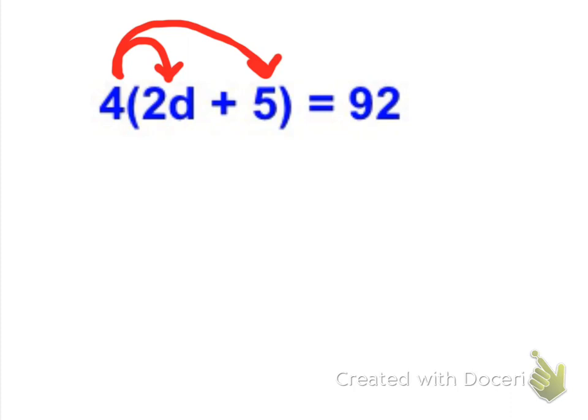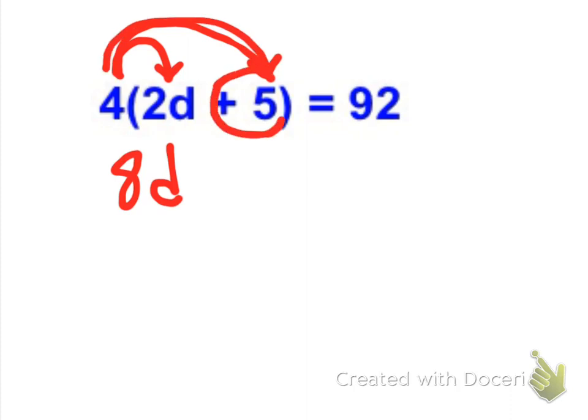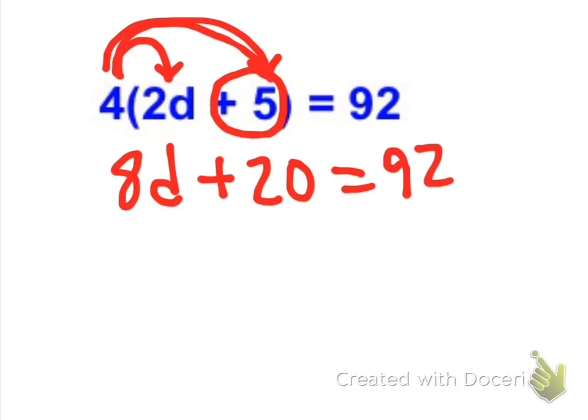And that tells us, hey, you know what? Let's distribute that. So 4 times 2d is 8d. And then we have 4 times 5. And remember, this is positive 5 because it's not always going to be a plus sign. But 4 times positive 5 is positive 20 or plus 20 equals 92.